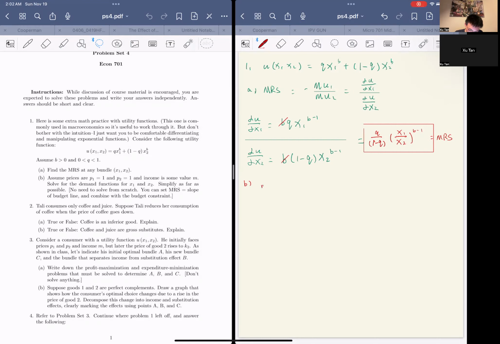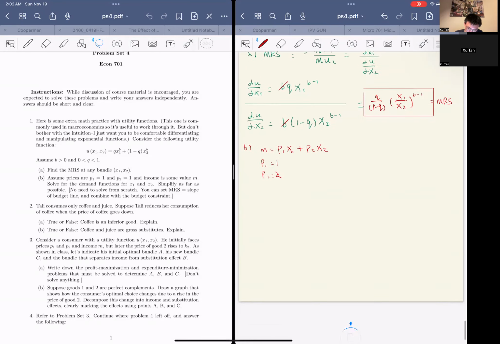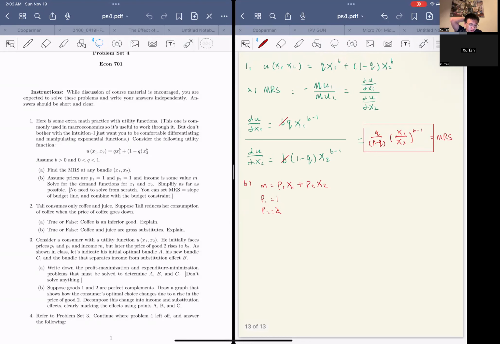B. Our budget function looks like m equals p1 x1 plus p2 x2, where p1 equals 1 and p2 equals 1. So assume the price of good 1 is 1, the price of good 2 equals 1, and income is some value m. Solve for the demand functions of x1 and x2.